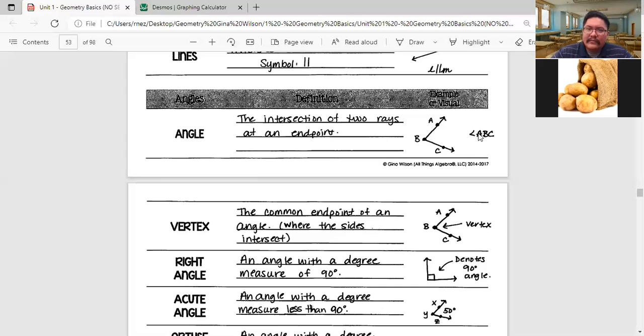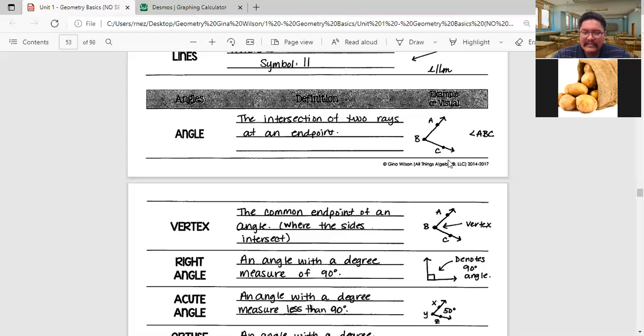And then we name it by any of the points that we have along that angle. So A, B, and C. Starting from A, go to B, and then to C. Sometimes you have to label it like this because you might have a figure with multiple angles in it. So if you're ever confused, just go A, B, and then C. That's it.